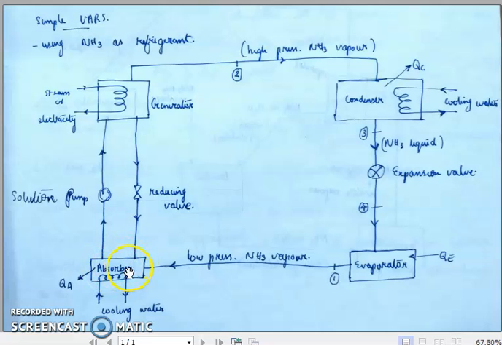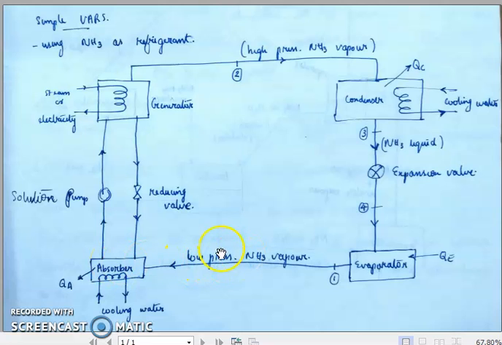Due to this chemical affinity of water towards ammonia, when we pass this low pressure ammonia vapor over the water surface kept inside this absorber, the water will readily absorb the ammonia vapor. So what will happen to this ammonia vapor? It is getting dissolved, or absorbed, by the water medium.